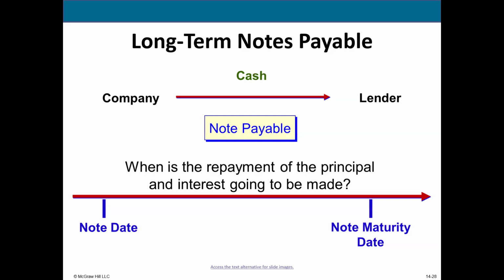A couple of dates you need to know about: the date that the loan was made, the date that the promissory note was signed, which is called the note date, and the date of maturity, which is when the entire loan needs to be repaid.